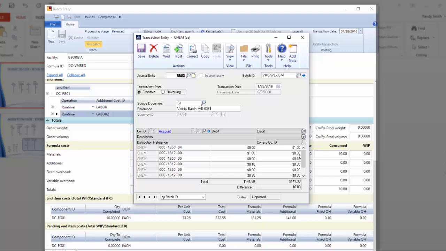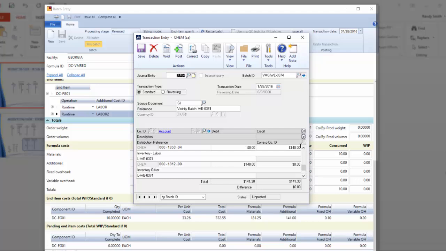related to my labor transactions. And if I open this up just a little bit, you'll see I've got some inventory labor going to a certain account and then my offset for $1. And then I've got my 10 cents going to my fixed overhead, and then I've got my 20 cents going, and then this 141 is related to my packaging labor.